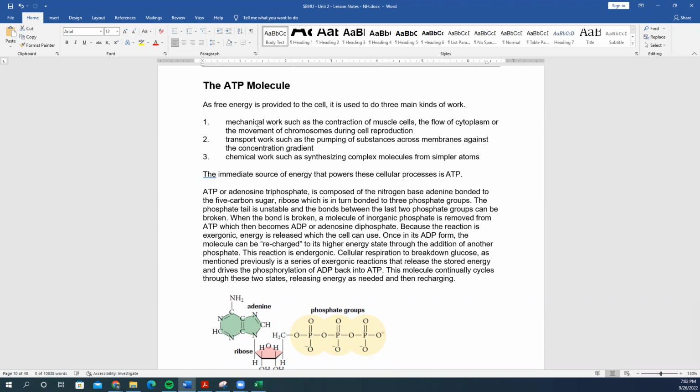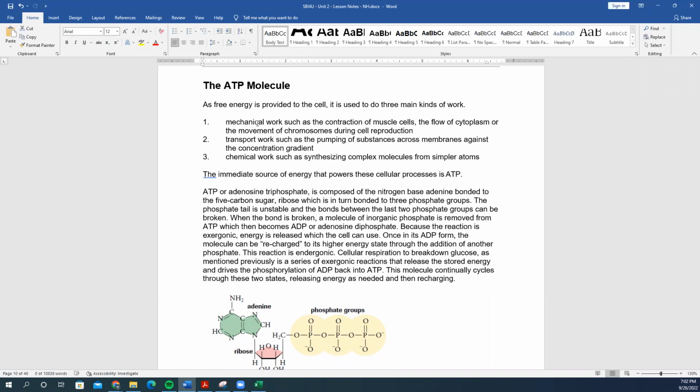And as free energy gets provided to the cell, this free energy is used to do different kinds of work. And there's three main categories. One of them is mechanical work. For example, you can use that energy to contract your muscles. You can use that energy for the flow of your cytoplasm within the cell, or to direct the movement of chromosomes during cell reproduction.